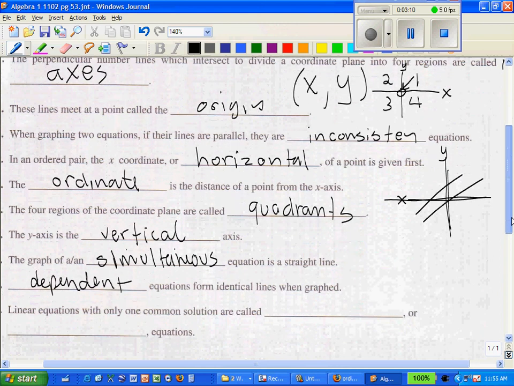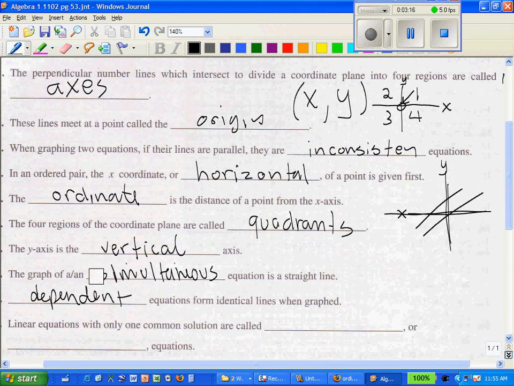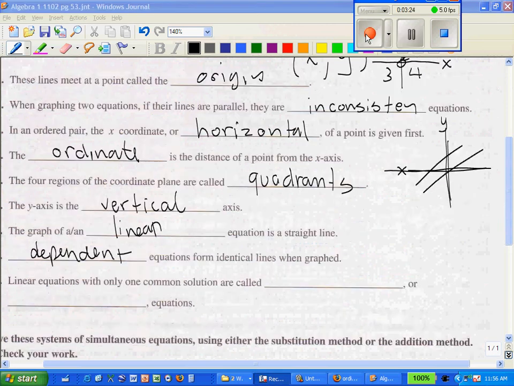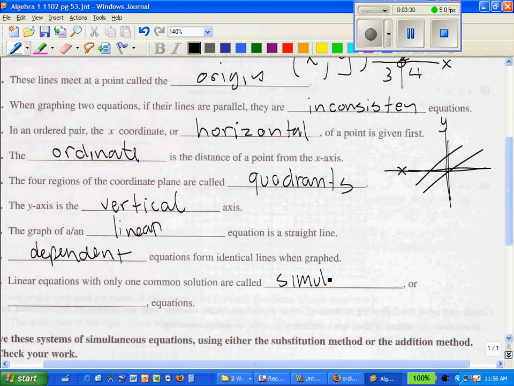So the graph of a linear equation is a straight line. Linear equations with only one common solution are called simultaneous equations or consistent.